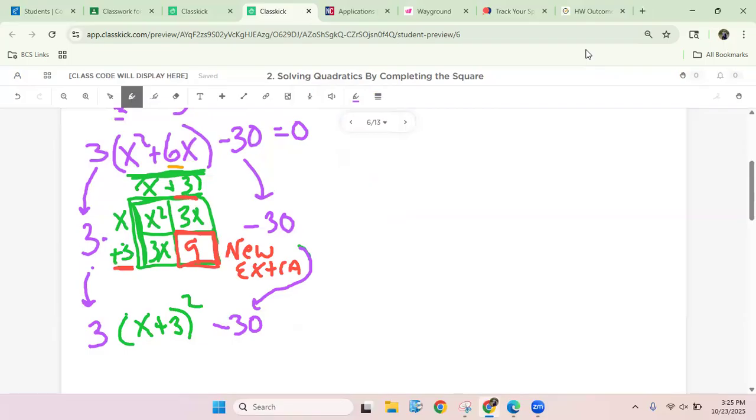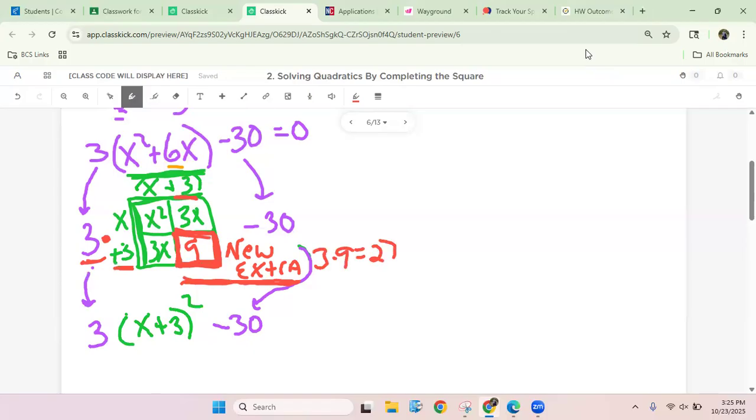Then I've got to account for the fact that we have this new or extra piece in here that wasn't there to begin with, and that's why I circled it in red. That new extra piece is 9, but it's not exactly 9 because we're multiplying by this 3. So the new extra piece is actually 3 times 9, which is 27.